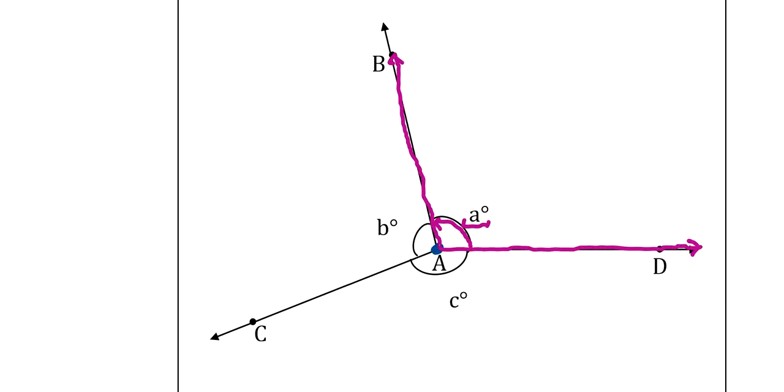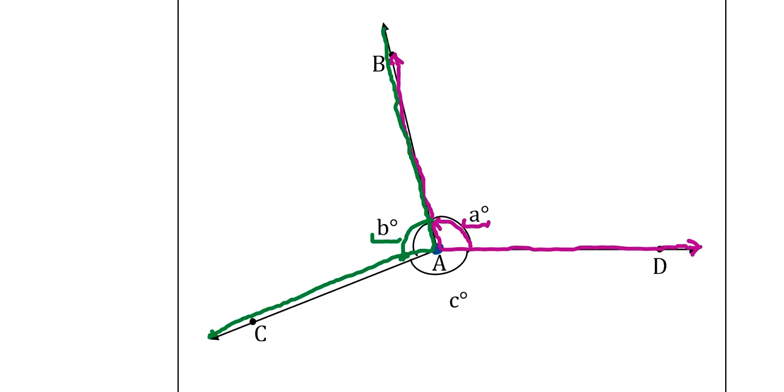From there, we have another angle, angle BAC, from here to here, which is a measure of B degrees.